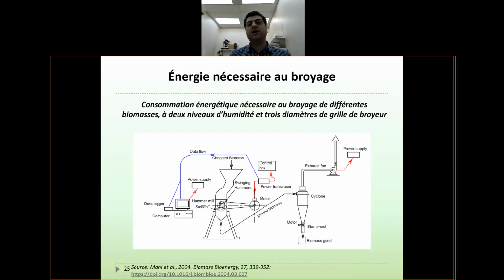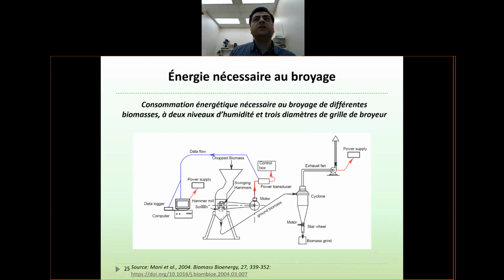Sometimes, especially when the operation is in batch mode, you have high pressure, so you end up with a pressure of 2 to 5 bars, but within 5 to 60 seconds, quite short. And with that contact between the superheated steam and biomass at temperatures from 115 to 140 Celsius, you dry biomass.